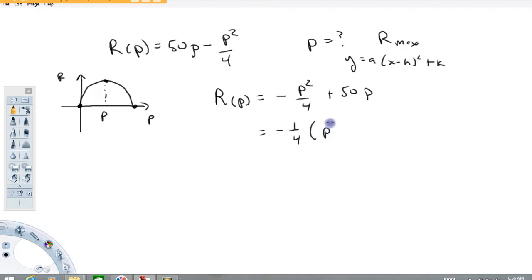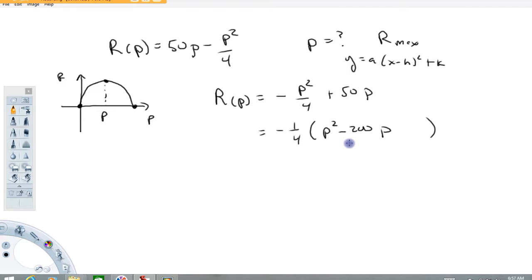Here we're going to have a P squared plus, okay, now when we factor a 1/4 out of the 50, I believe that's going to make that minus 200P. Leave ourselves some space. Just remember that this times this has to give you this. 200 over 4 is 50. We're good.